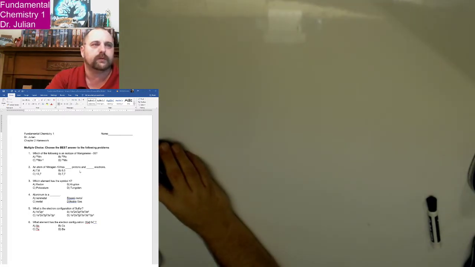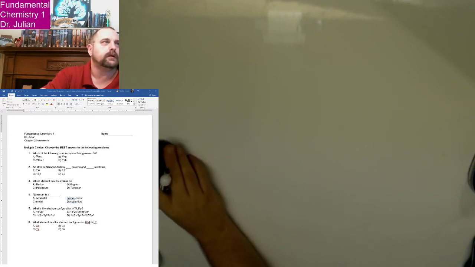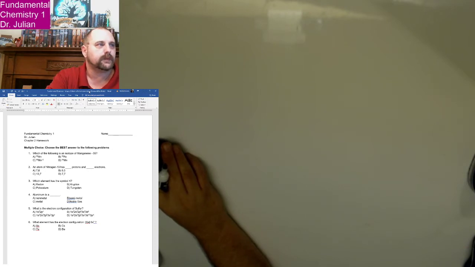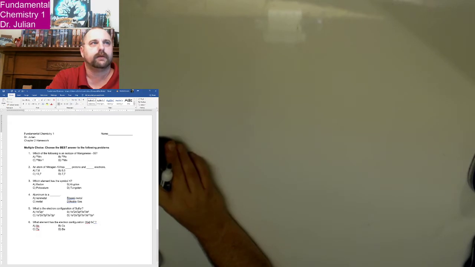So we're ready to start chapter two. Let's go ahead and knock this out. Reviewing these homeworks. So quick over here says which of the following is an isotope of manganese-55. Now remember that's not a negative 55, it's dash 55. So let's see what we can do here.